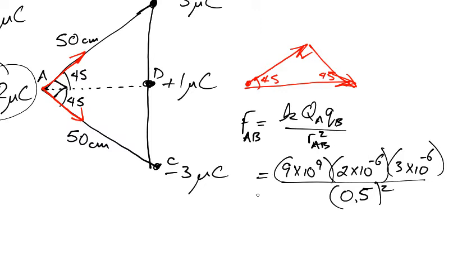Now that's going to give me 9 EE9, enter 2 EE6 negative times 3 EE6 negative times 0.5 squared divided by.